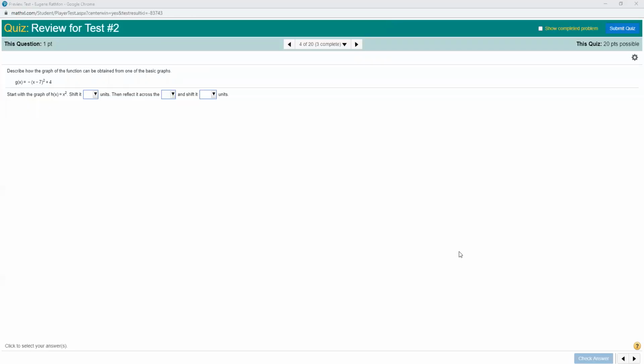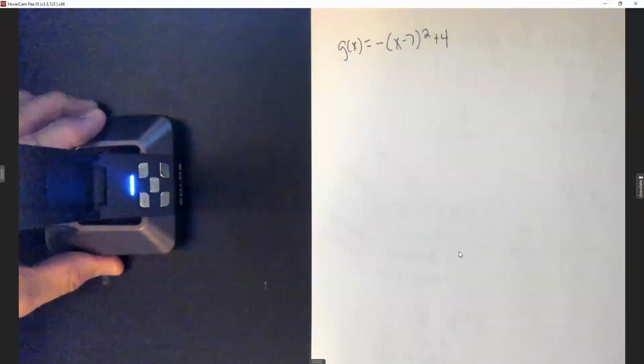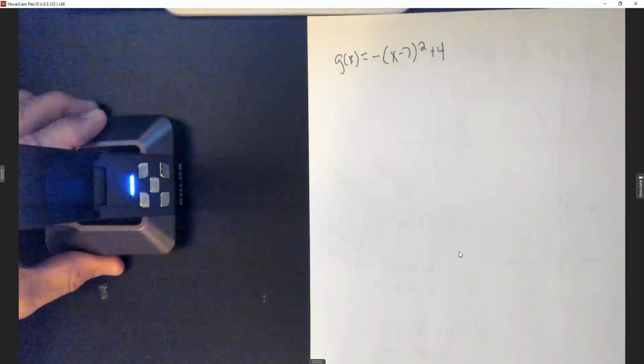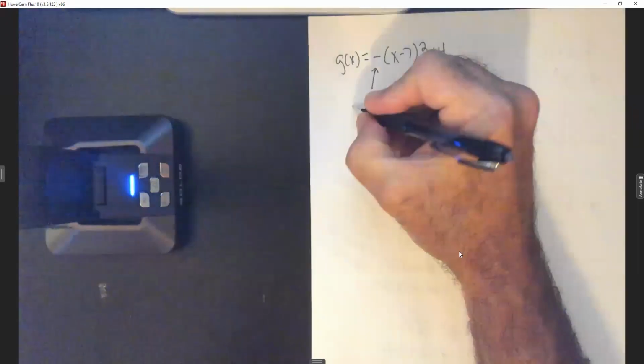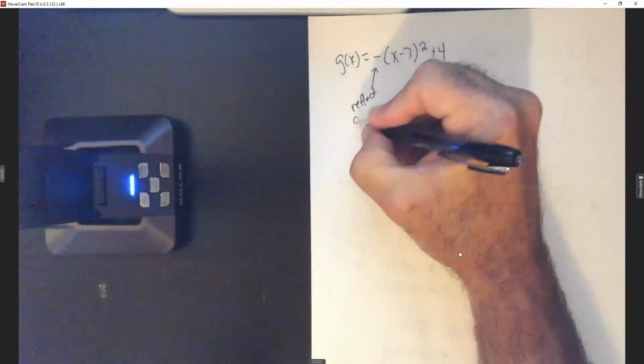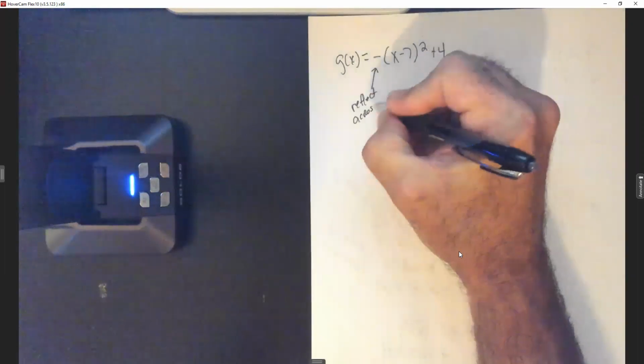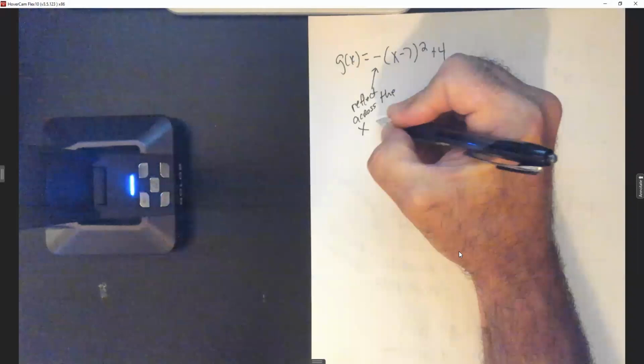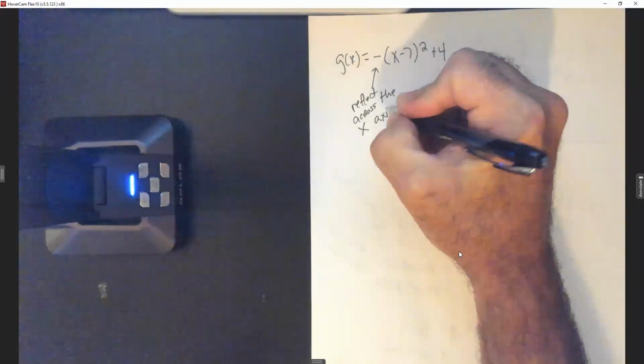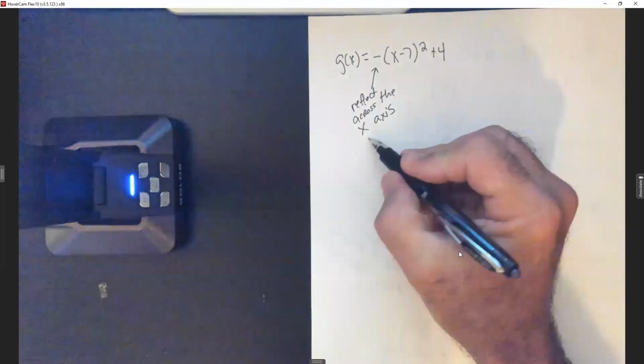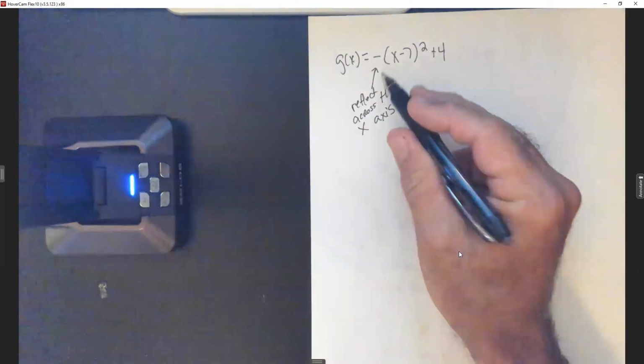So y'all on this one, if there's a negative in the very front, it's going to reflect across the x-axis. We won't reflect anything across the y-axis until test 4 material. So the only option you got on that is the x-axis, okay?